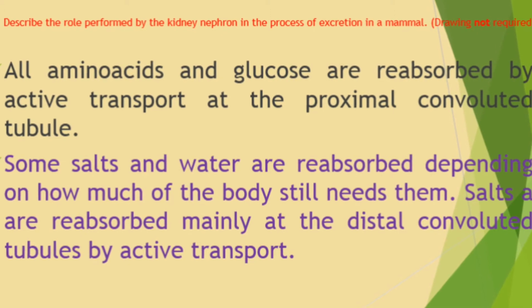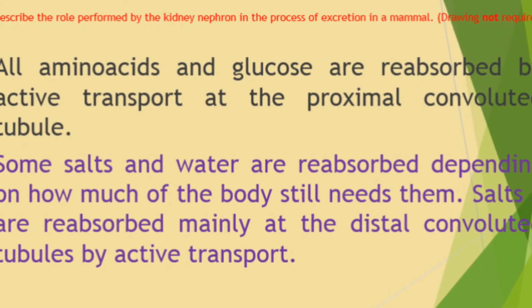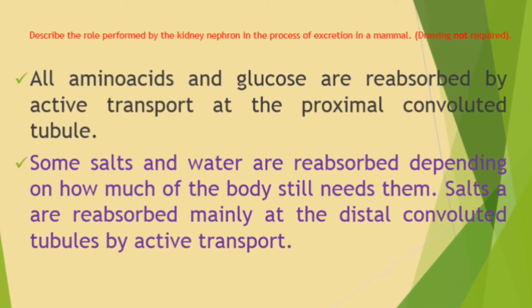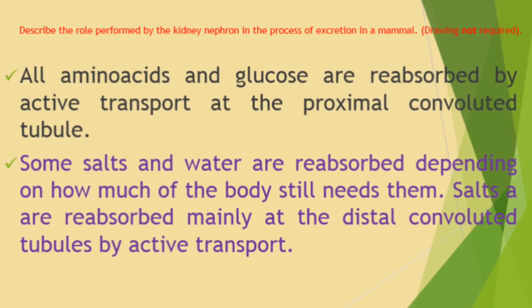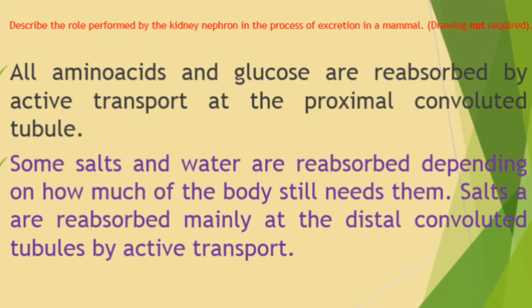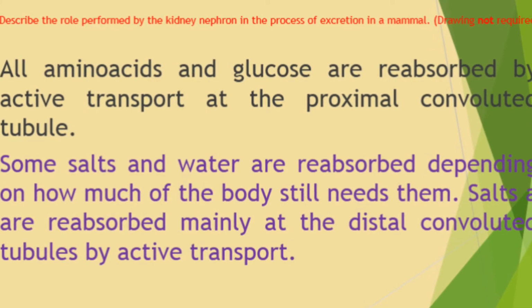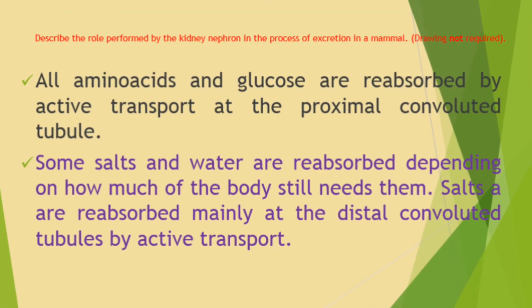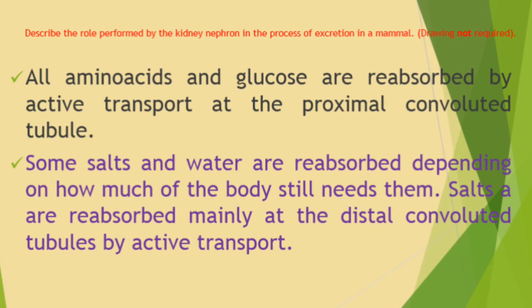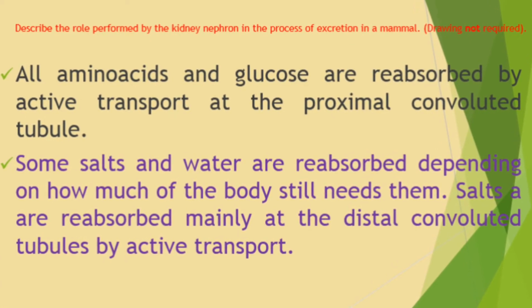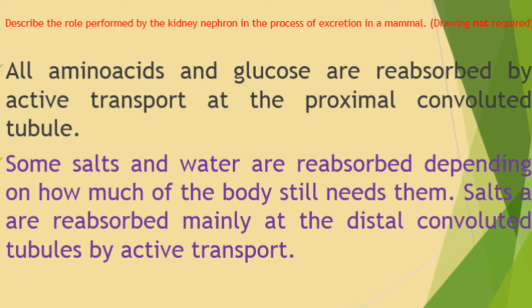Salts are reabsorbed mainly in the distal convoluted tubules, also by active transport. So we see active transport being a very important activity taking place here in reabsorption. That is happening to all amino acids and some salts as well as water.